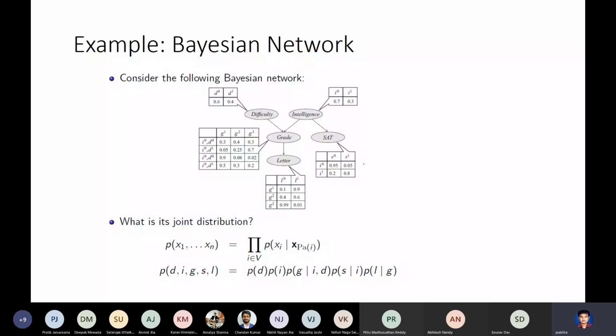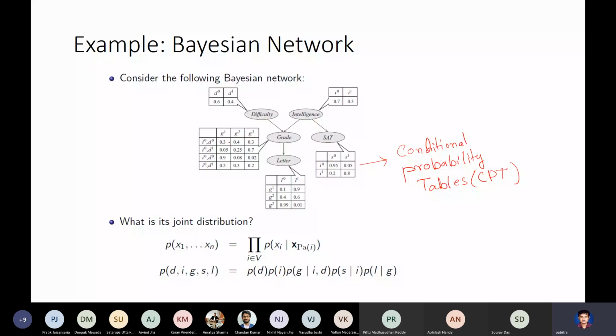So these are what are called conditional probability tables. Okay, so let's look at what these tables mean. Let's look at this table.